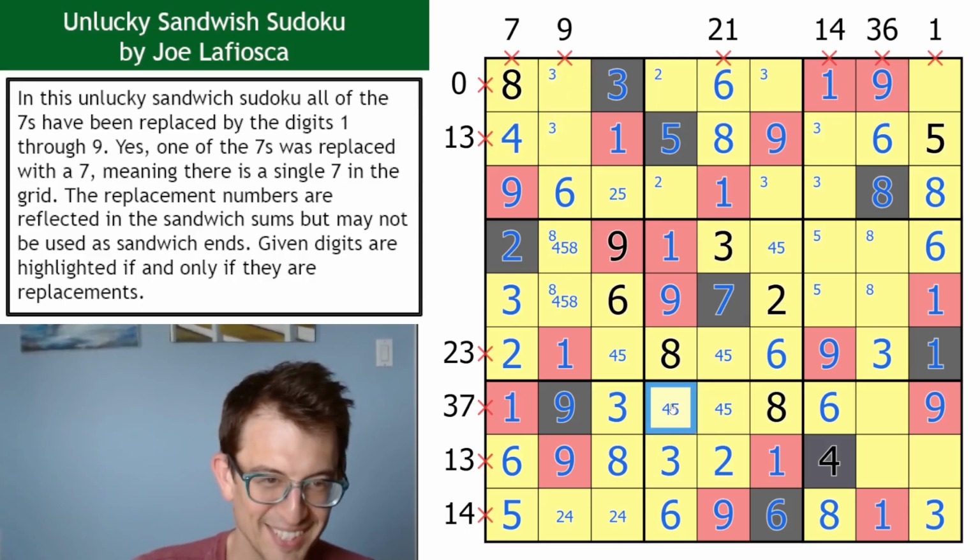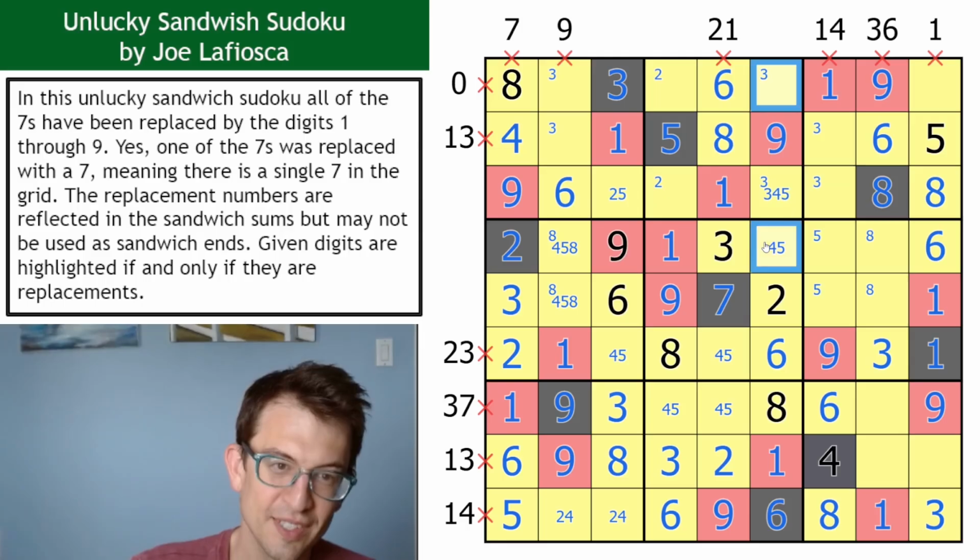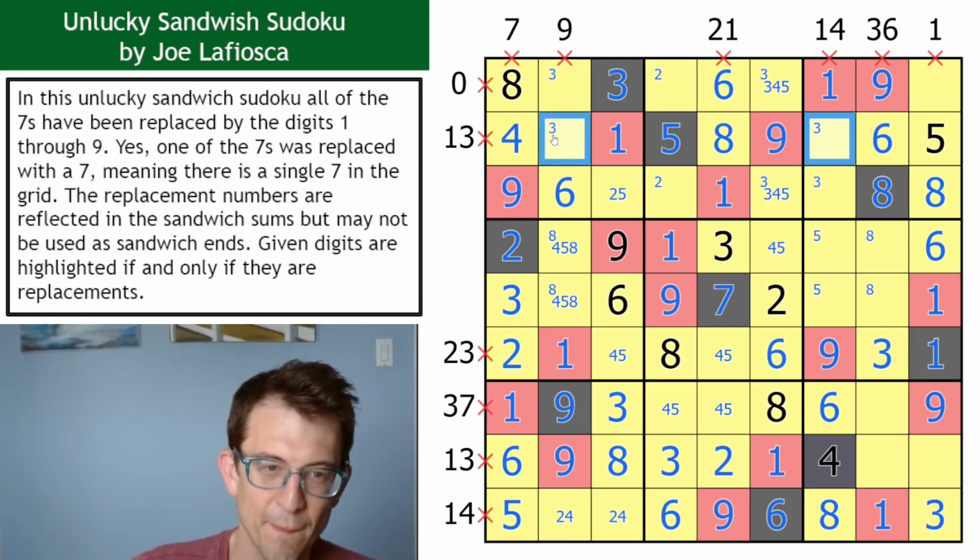Yeah, surprisingly tricky Sudoku at the end here. 2, 4, 5. This is 2, 3, 4, 5. What are these? 3 and what? 2.